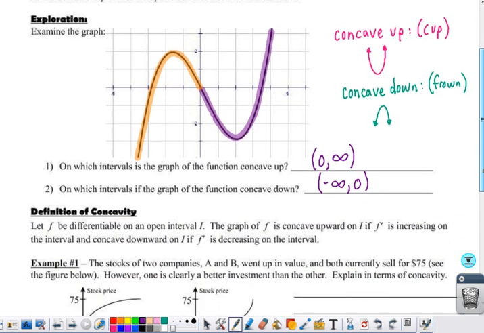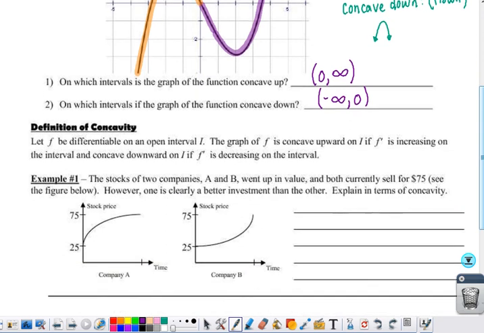All right, so there's your definition of concavity, just your technical, formal definition. But if we do read it, we want to basically look at the graph of f is concave upward on an interval if f prime is increasing on the interval. And if you have concave downward on an interval, then that means f prime is decreasing. So that's pretty important to highlight.